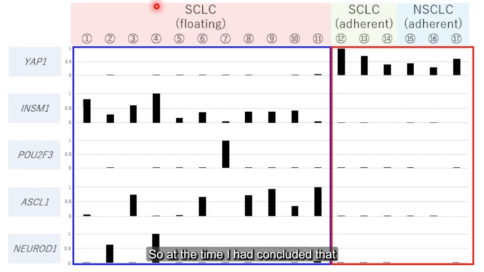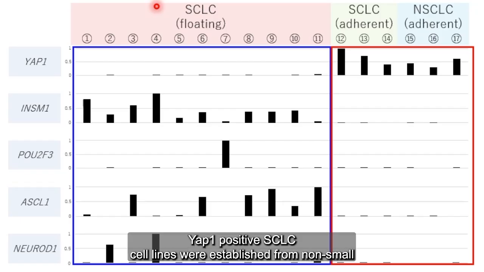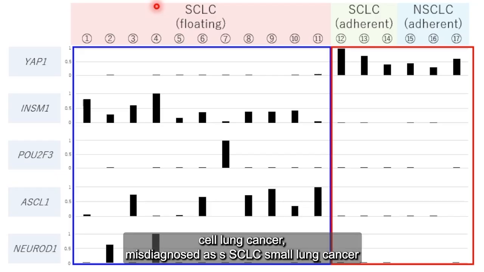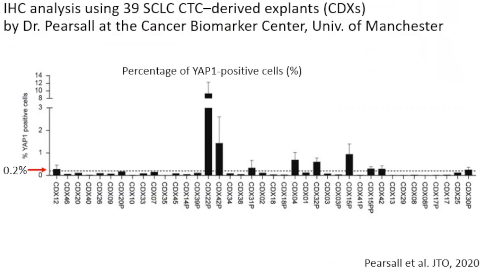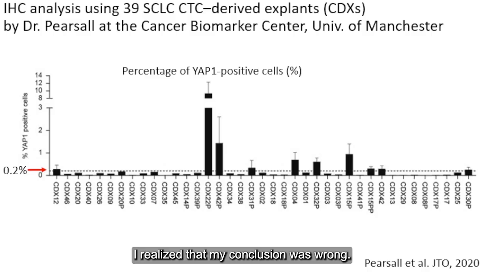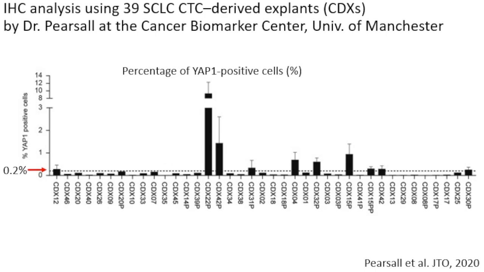So at the time, I had concluded that YAP1 positive SCLC cell lines were established from non-small cell lung cancer misdiagnosed as small cell lung cancer, and floating type SCLC cell lines were true SCLC. However, after reading Pareja's report in 2020, I realized that my conclusion was wrong.